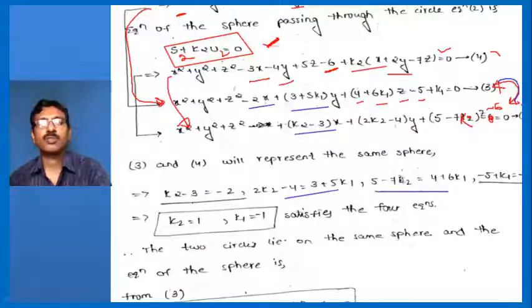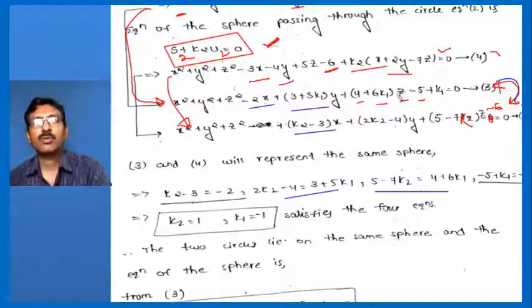The z coefficients: 5 minus 7k2 equal to 4 plus 6k1. And minus 5 plus k1 equal to the constant term, which here is minus 6. Here we have a number of equations.